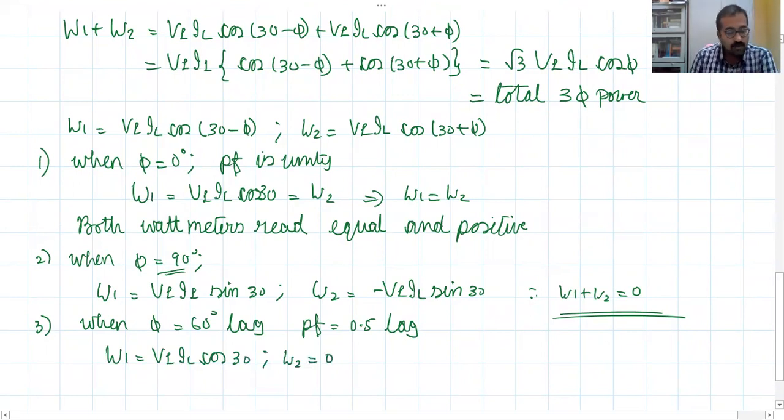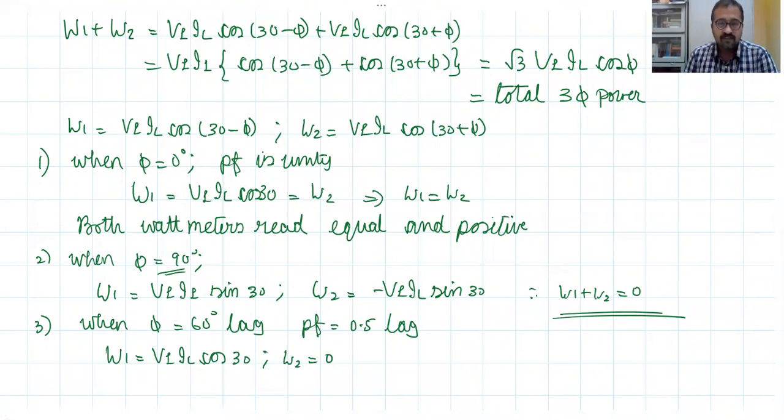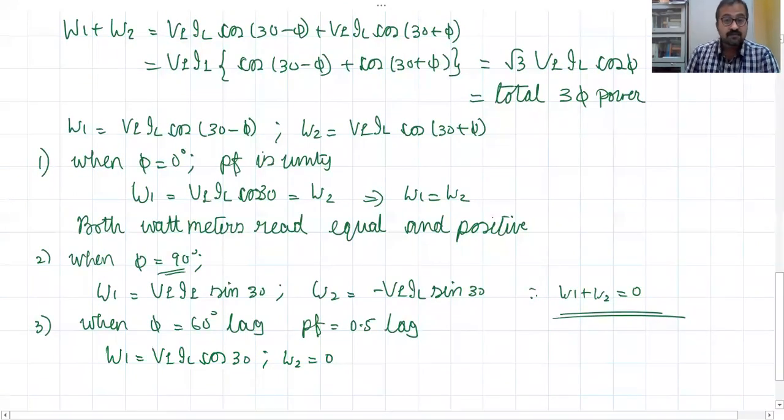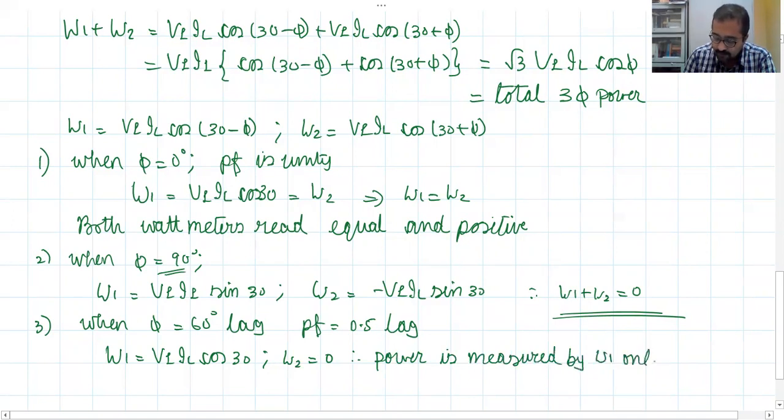So the total three-phase power will be read by W1 alone. Why? Because total power is W1 plus W2, and W2 is 0. So wattmeter 1 will give the total three-phase power. Power is measured by W1 only.